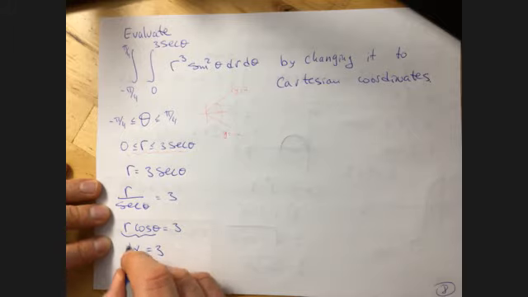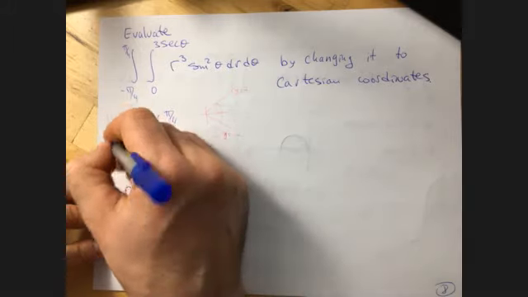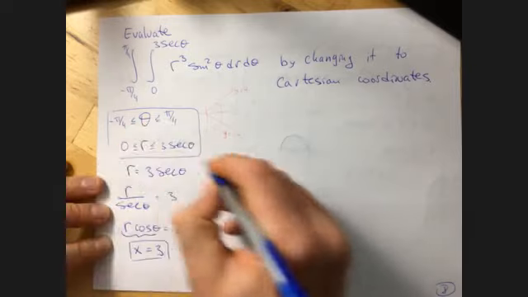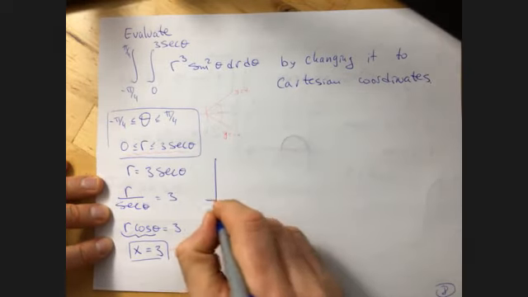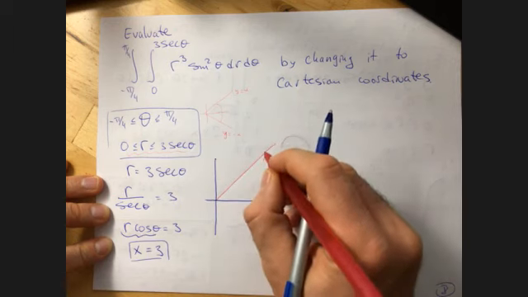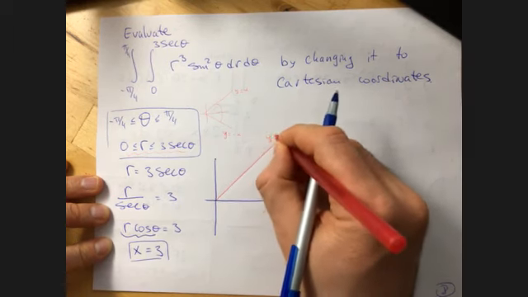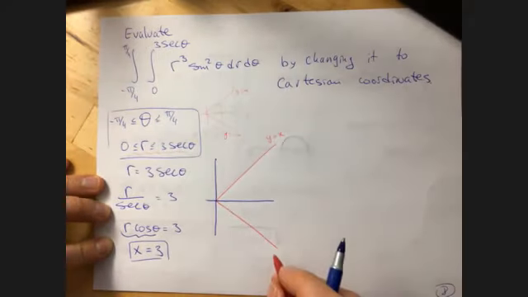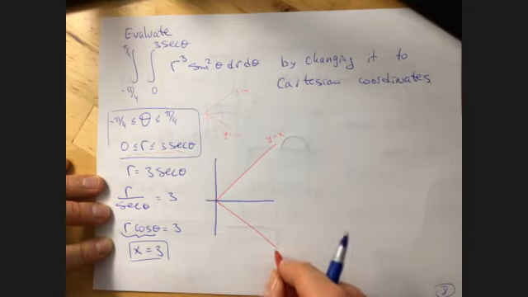So now let's incorporate all of these, and get theta is equal to pi over 4. That gives me the line y is equal to x. Theta is equal to negative pi over 4, right?